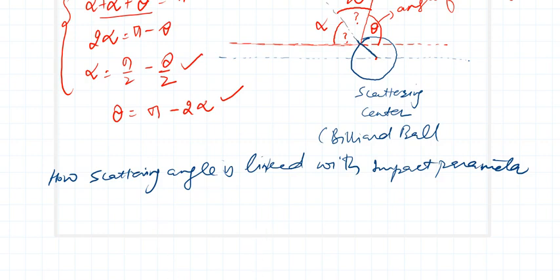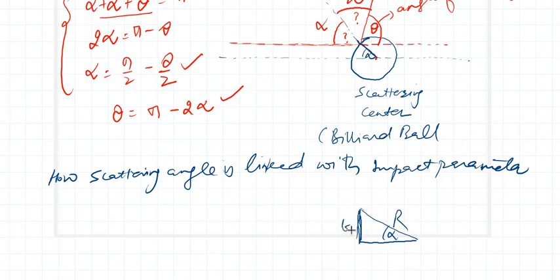So that means the problem is like this. अगर ये एंगल अल्फा है then it should also be alpha. Means this angle is alpha and this is the radius of the billiard ball. And what is this?